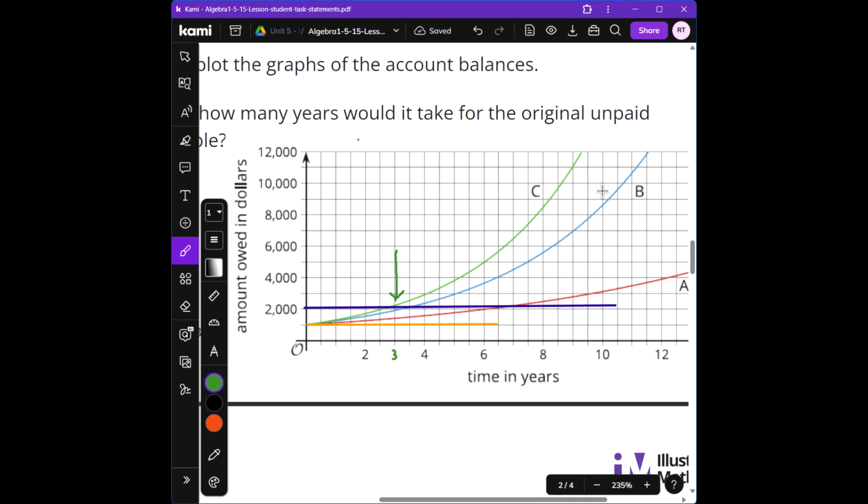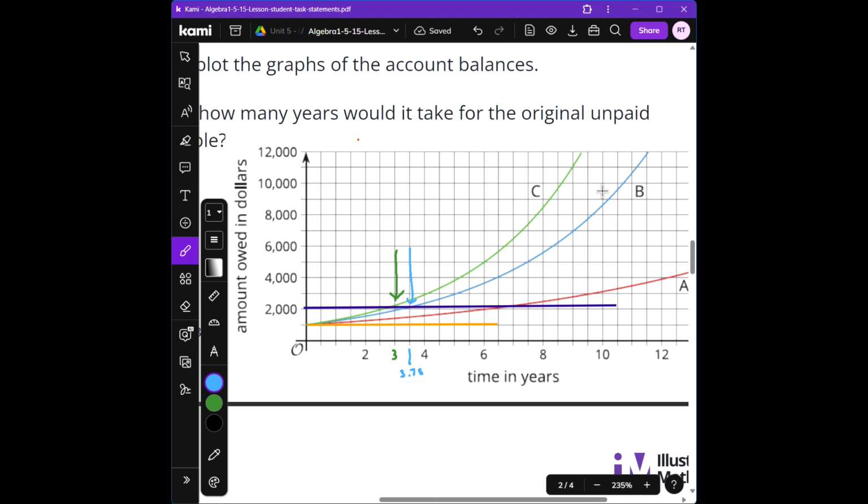For B, B is blue, we're going to look where it crosses here. And that's going to be about 7.5.